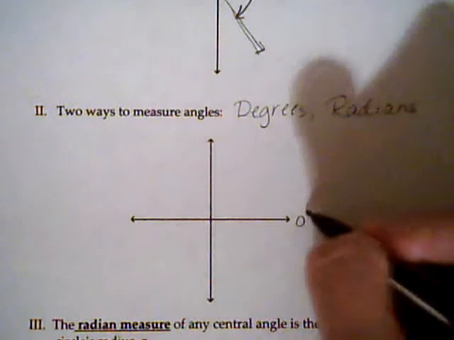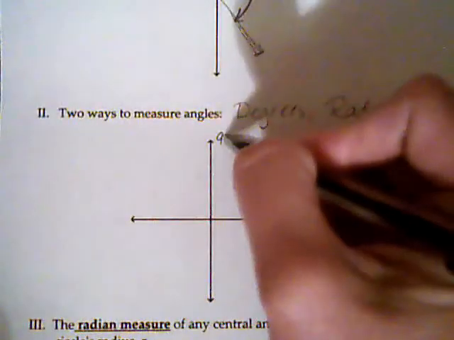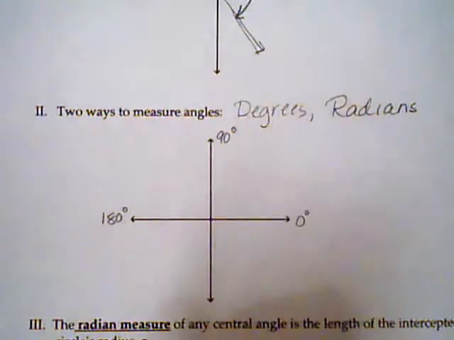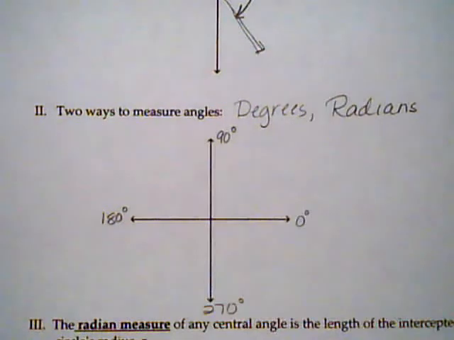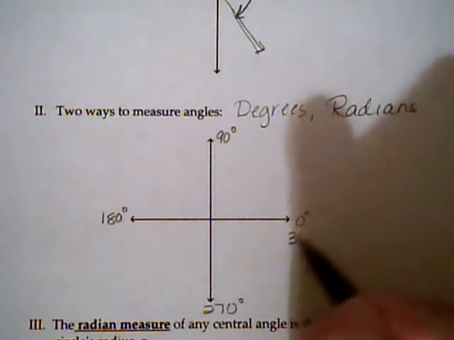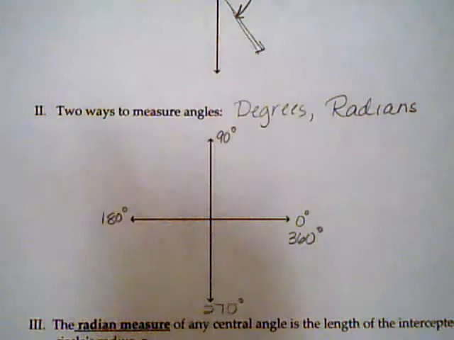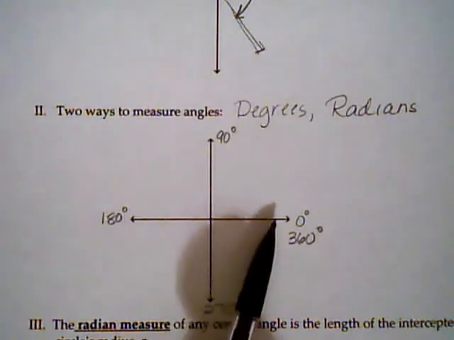This would be 0 degrees at the positive x-axis. This would be 90 degrees, 180 degrees, 270 degrees, and then a final rotation back to 0 would also result in a 360 degree angle. So we know that one full rotation is 360 degrees.